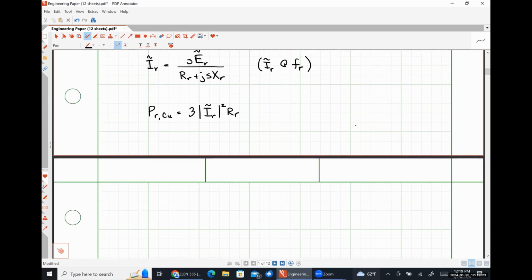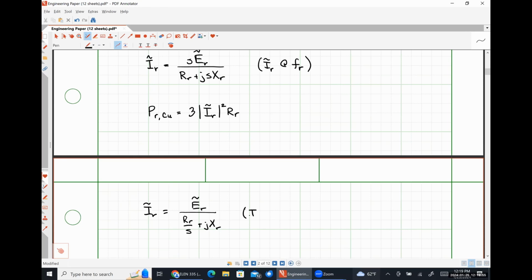So we can have our rotor current, IR. We can express that as our induced voltage divided by our rotor resistance divided by our slip, plus J XR.